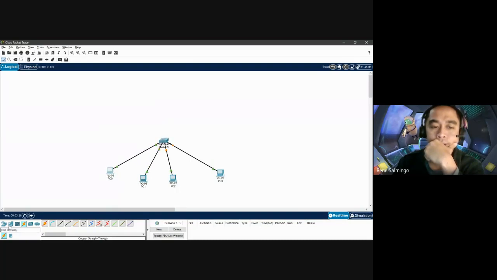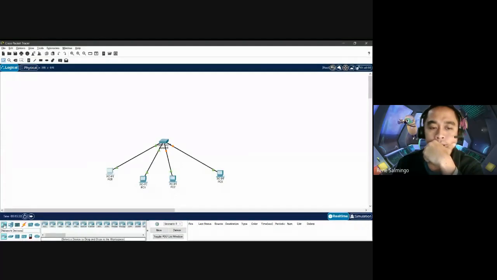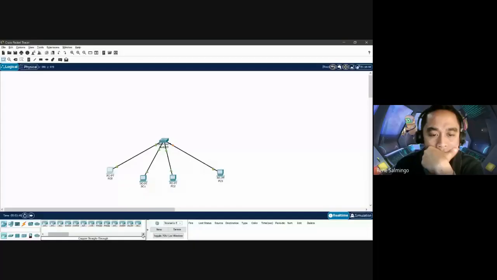Where can we find the router? So you go to click here, and we have 960 Cisco 24 port. So you're going just to search.